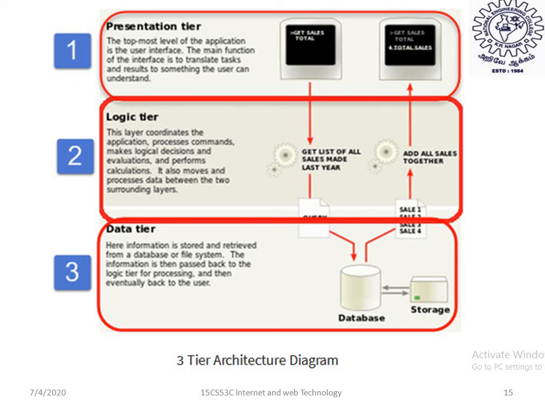These details should be taken from the data tier layer, that is database layer. After this data is taken in the logic tier, the logic should be applied. As I already told, in business logic, there should be some constraints. The constraint mentioned here is add all sales together. So in the presentation layer, what we are asking is get sales total.